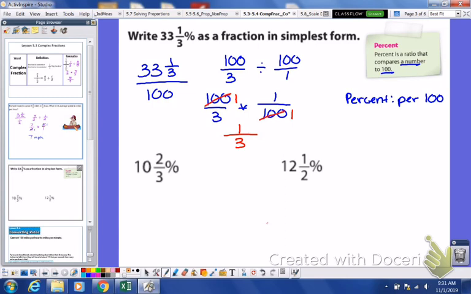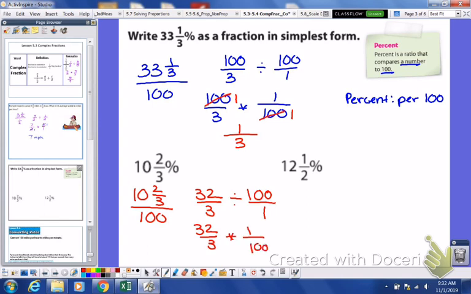Okay, a couple more examples like this. 10 2/3%, so again, 10 2/3 over 100. 10 2/3 converted into an improper fraction would be 32 over 3. Divided by 100 over 1. So 32 over 3, multiply by the reciprocal.